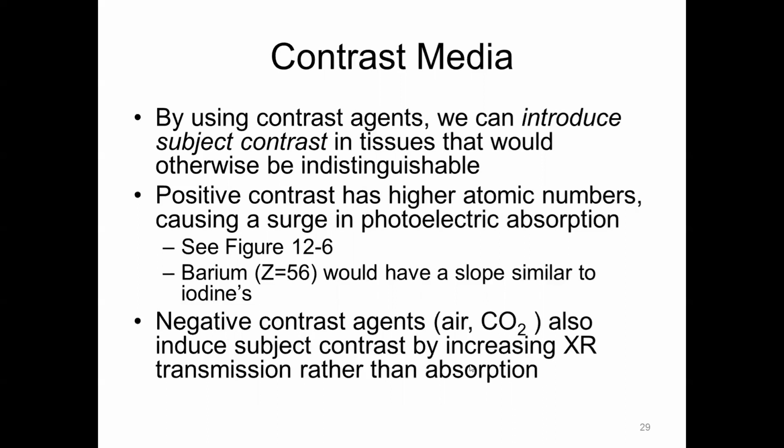The reason why we use those is we want to image anatomy that otherwise you could not see distinctly. So positive contrast uses elements and molecules with higher atomic numbers. We know that atomic number has a huge effect on the probability of photoelectric interaction.